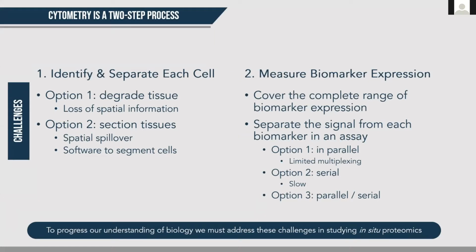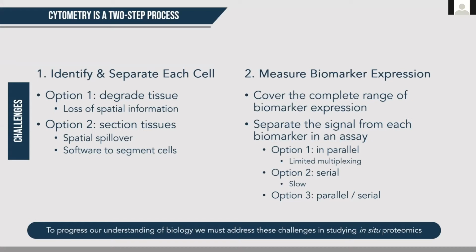And so when we look at these two steps, in the first step, there are a few options in the context of looking at tissue samples. The first one would be to degrade your tissues, which obviously when we do this, we're going to lose all of the important spatial information, which I think is the next frontier for spatial immunology in tissues.